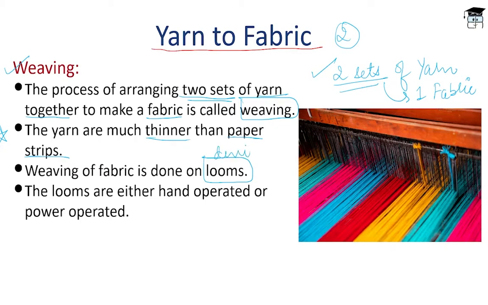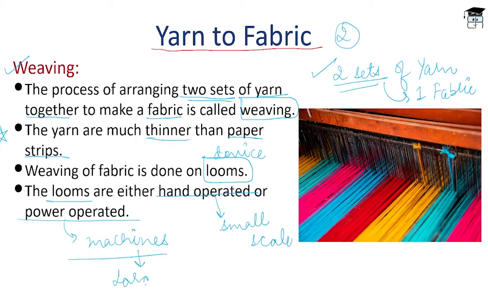This is the device that is used to weave cloth. The looms are either hand operated or power operated. That means they are either hand operated or they are machines. Similarly, hand operated ones are used on a small scale and machines are used on a large scale.